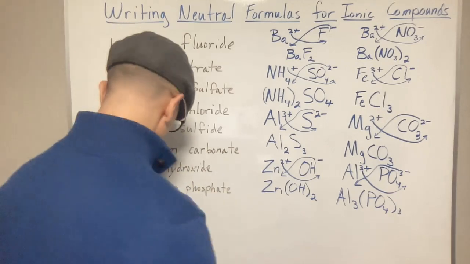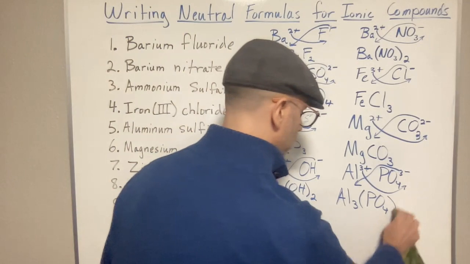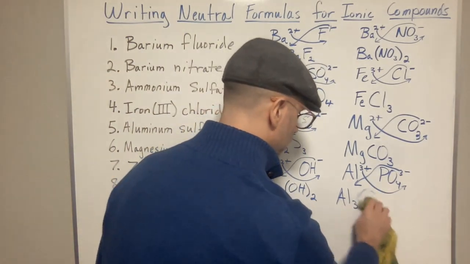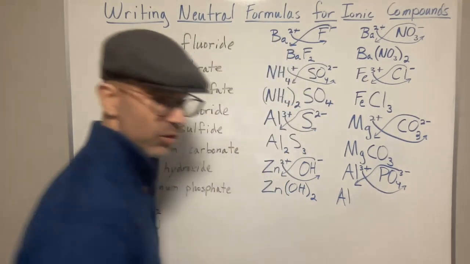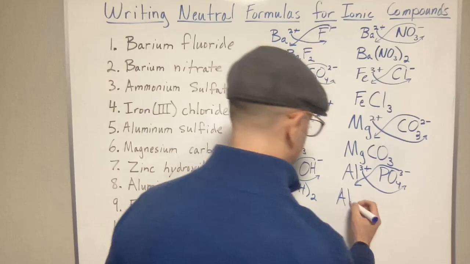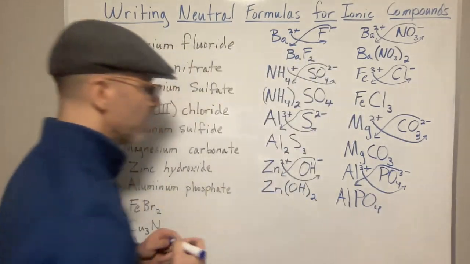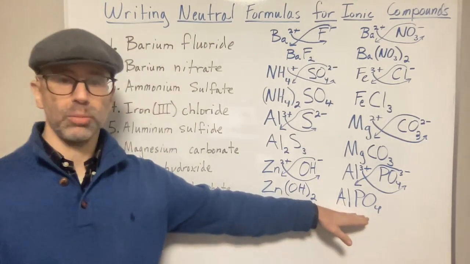So we can get rid of the parentheses and get rid of the subscripts. And so we'll just write the subscripts 1 to 1. And again, we don't write the ones, so it's just going to be AlPO4. That's going to be the formula for aluminum phosphate.